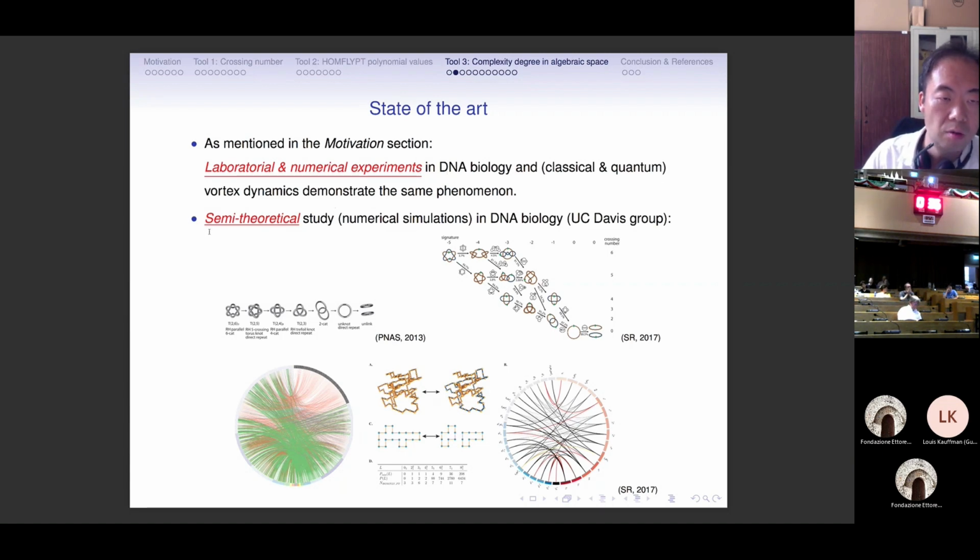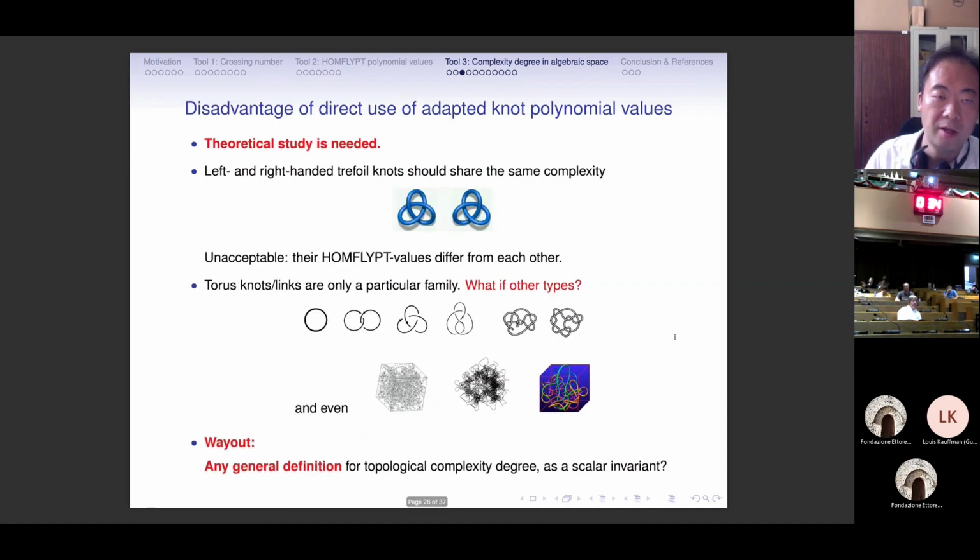Yes, there is some theoretical study, but I have to say it is a kind of semi-theoretical study because they are numerical simulations in DNA biology. Some numerical simulations. So we need something mathematical, I think. We need true theoretical study.